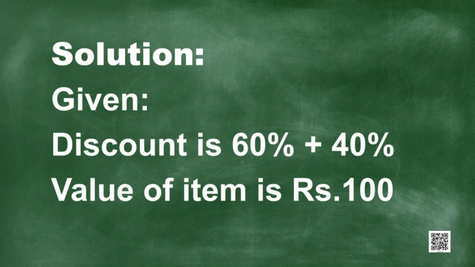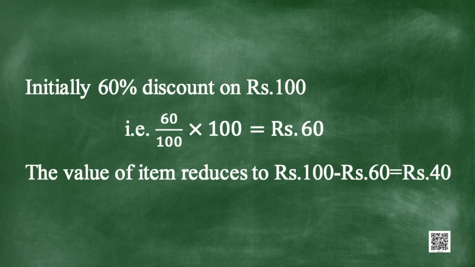So, let us try to write down the given data. Given that discount is 60% plus 40% and value of an item is rupees 100. Now, it is clearly mentioned that 60% plus 40% discount will be given. Upon applying the 60% discount on rupees 100, the value of the item reduces by rupees 60, and so the value of the item will be rupees 100 minus rupees 60, that is equal to rupees 40.